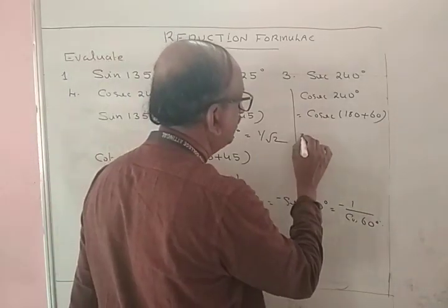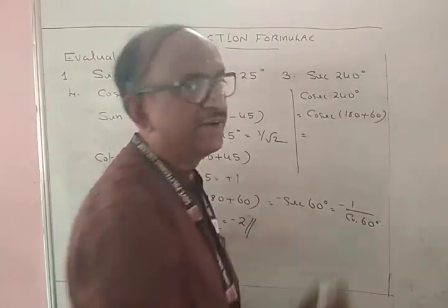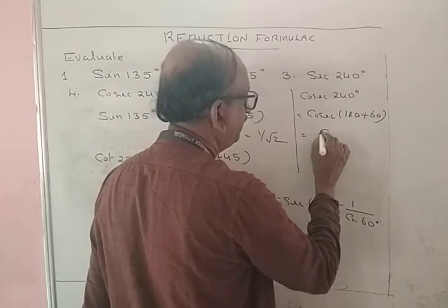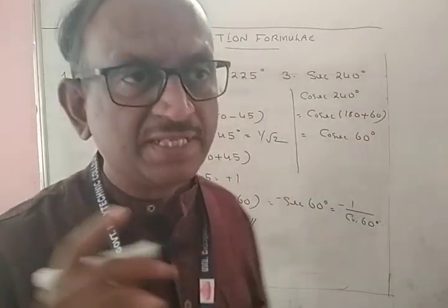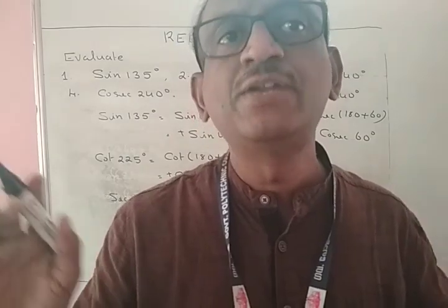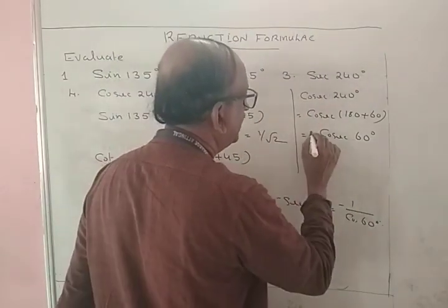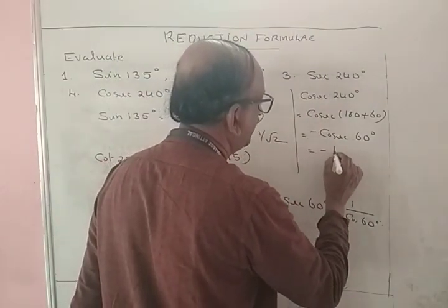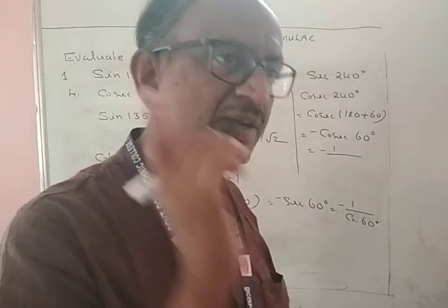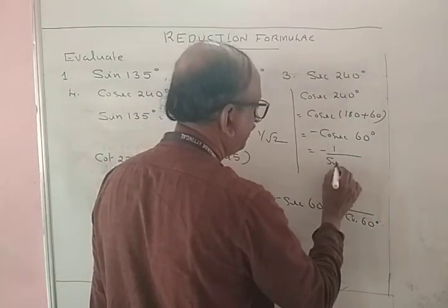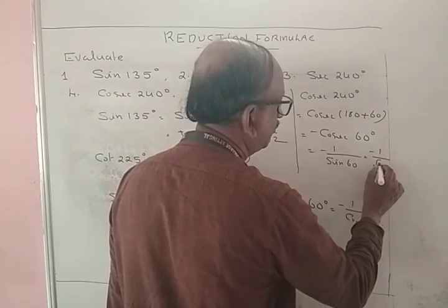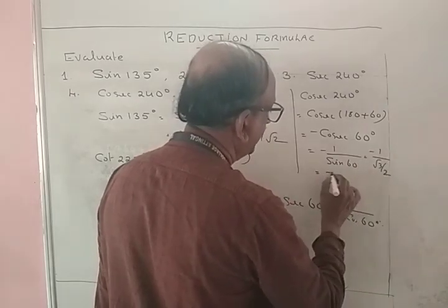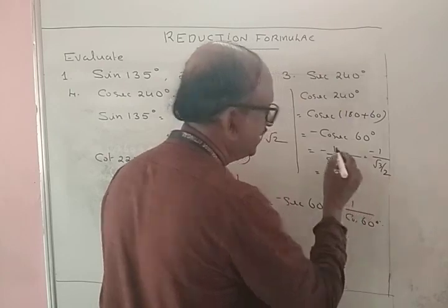Here the angle is 180, therefore cosec is cosec 60. 180 plus 60 is the third quadrant, cosec is negative. Minus cosec 60, minus 1 by sin 60. Sin 60 is root 3 by 2. Minus 2 by root 3 is the answer.